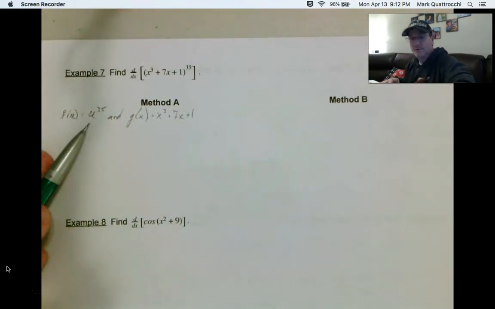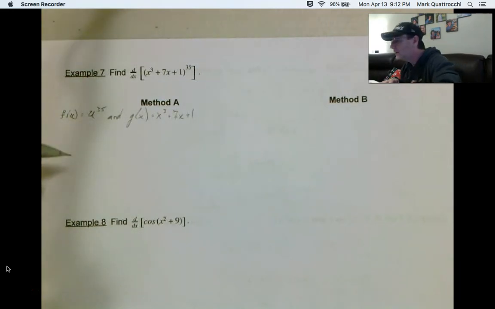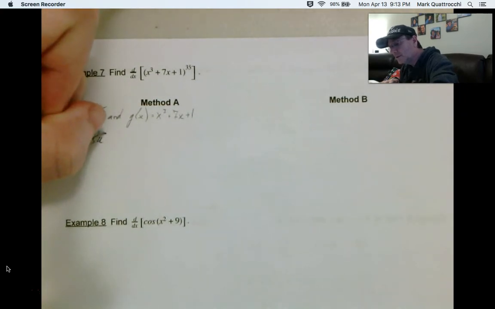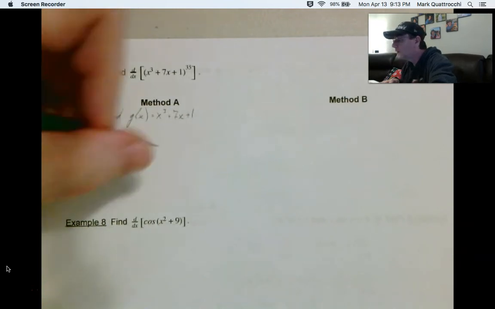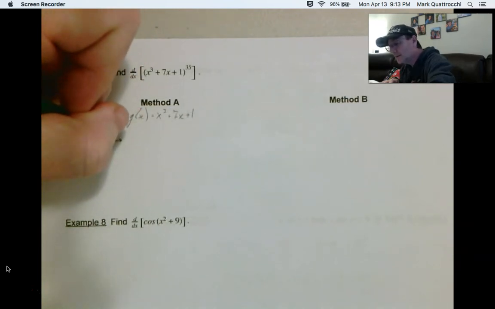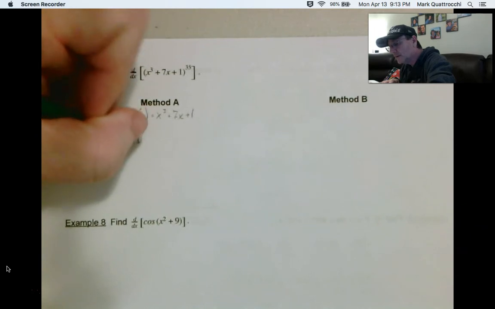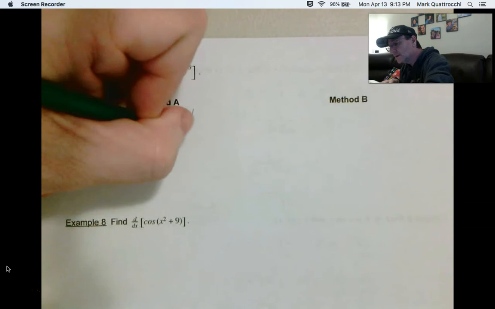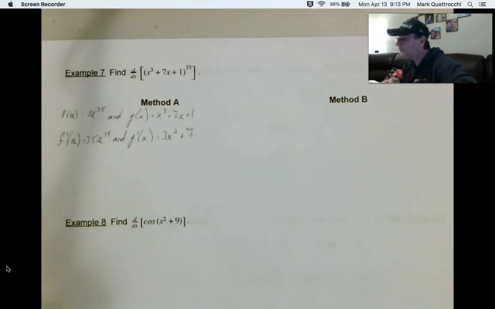The derivative f prime of u is equal to 35 u to the 34th power, and g prime of x is equal to 3x squared plus 7.